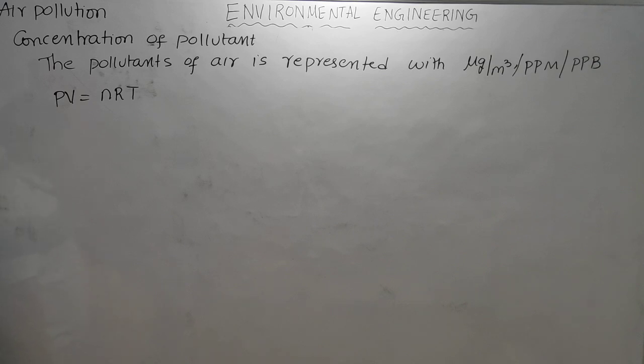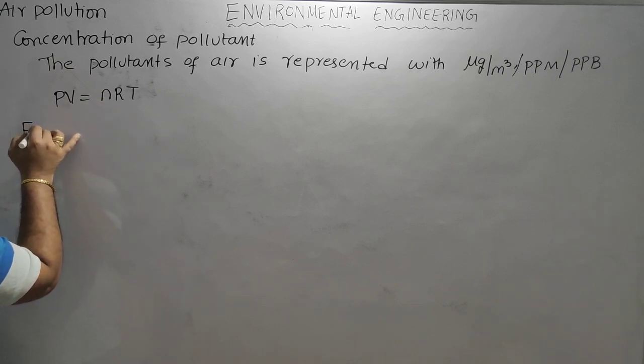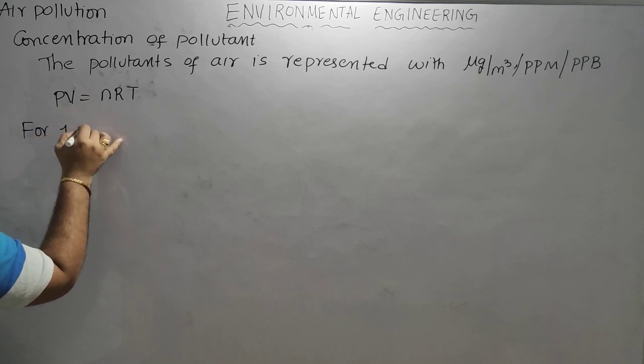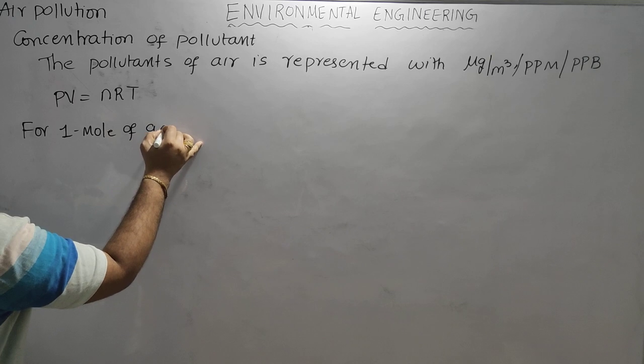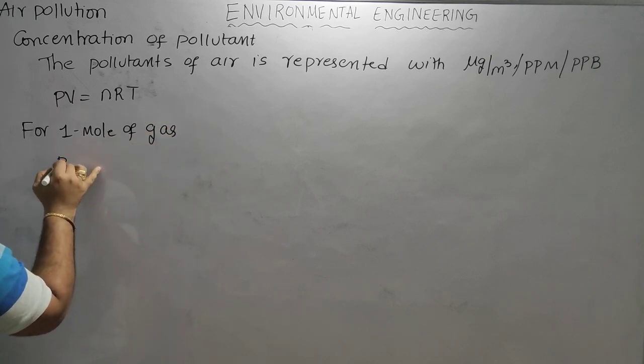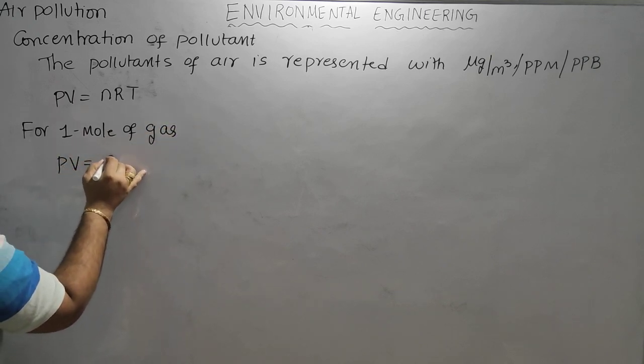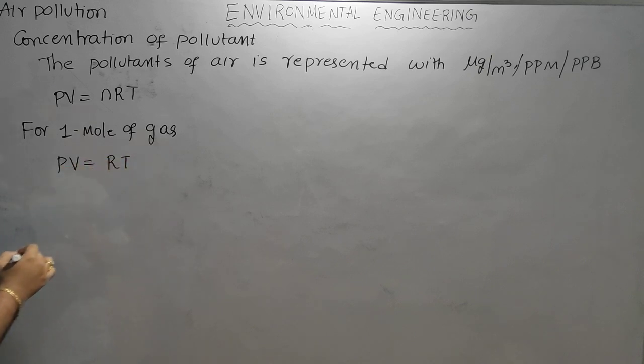Here n is the number of moles. For 1 mole of gas, we can write this as PV is equal to RT.